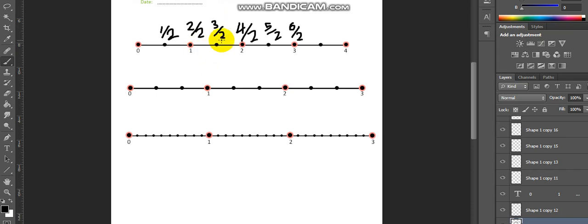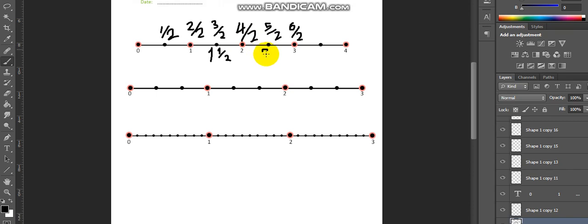Well, let's say I'm at this point, instead of 3/2, I want to write it in its mixed form. How would I do that? I would say, well, I am at 1, and I have 1/2 more. So I would say that I have 1 and 1/2. Here, where the 5/2 point is, I would say that I am at 2 and another half.